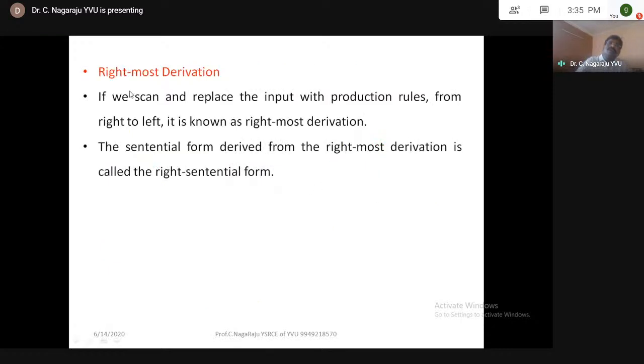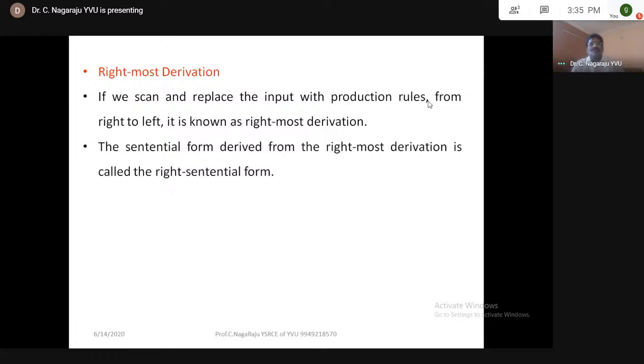For the same thing, another one is the rightmost derivation. It is quite opposite to the leftmost. If we scan and replace the input with production rules from right to left, it is known as rightmost derivation. I think you understood the leftmost derivation, right?